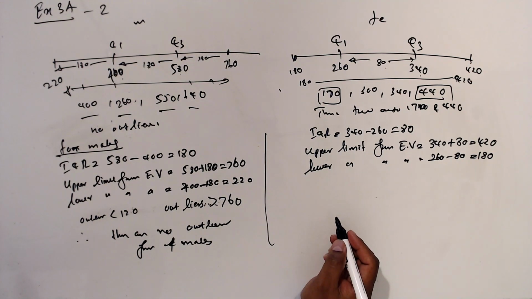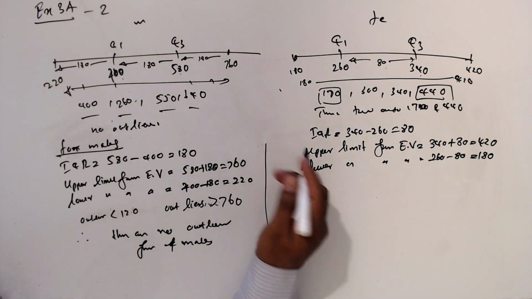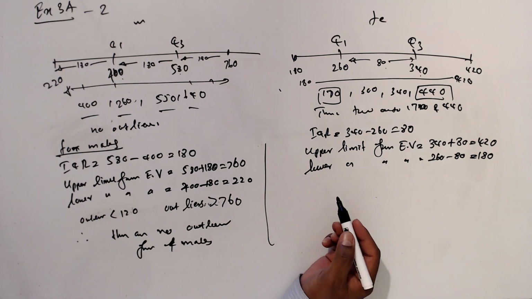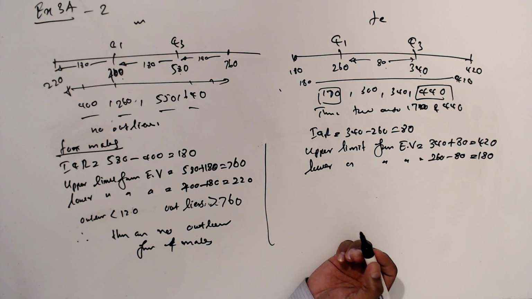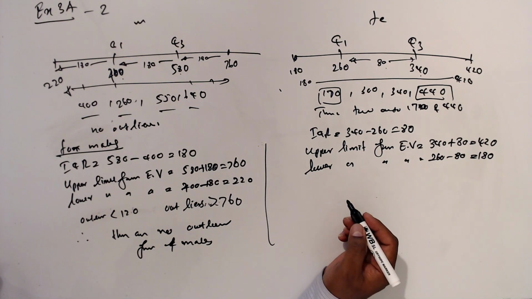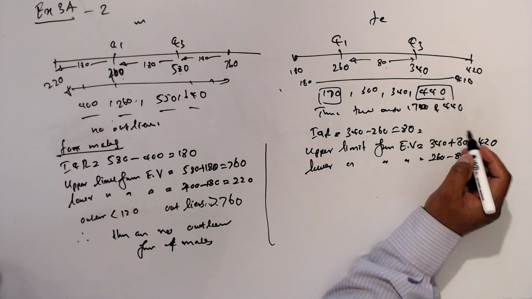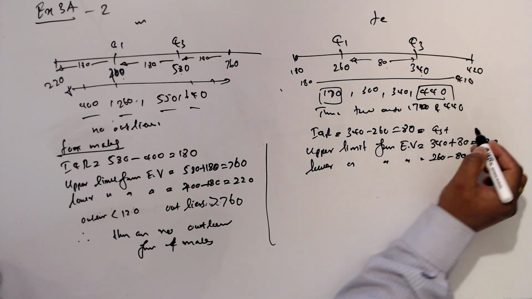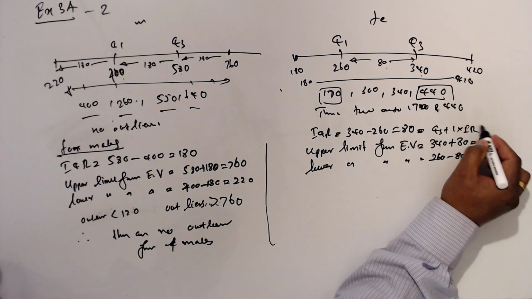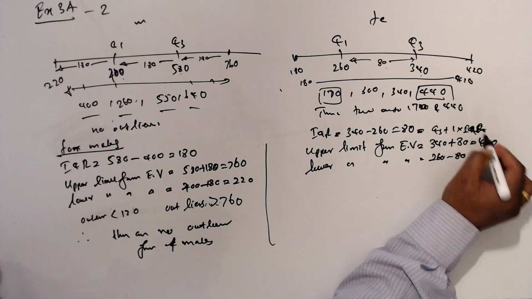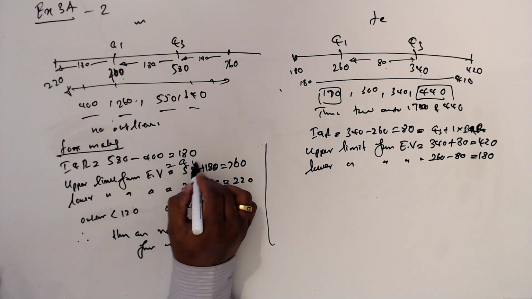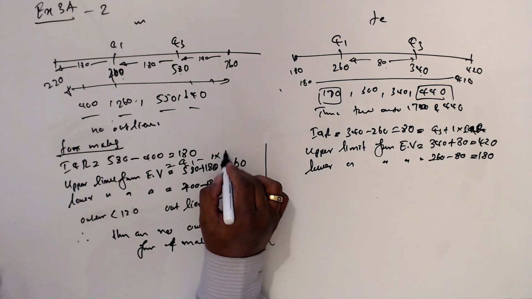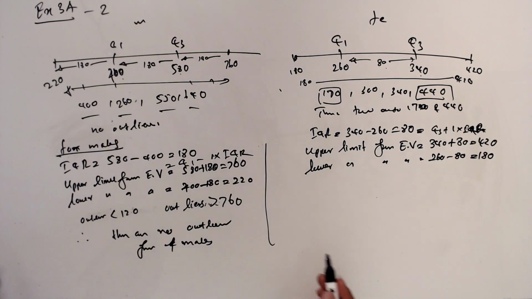Because this is defined with one times IQR: Q3 plus 1 times IQR, and Q1 minus 1 times IQR.